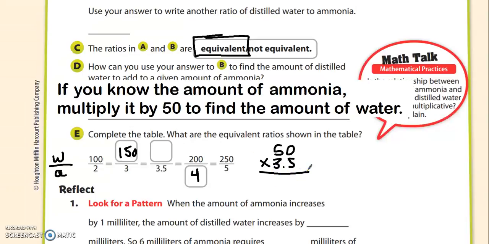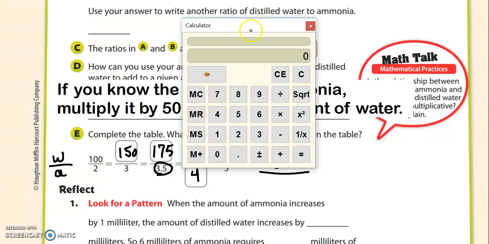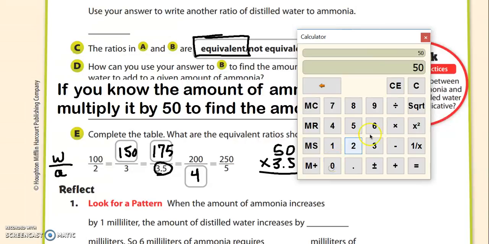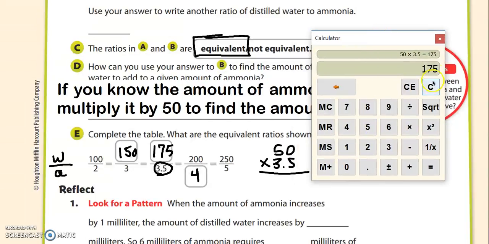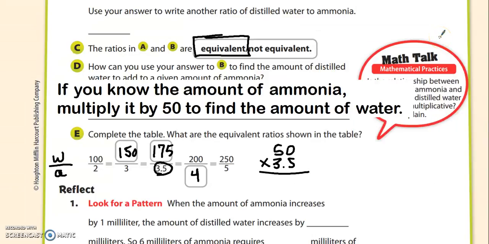But you could also notice that exactly halfway between 3 and 4 would be 3.5. Well, this bubble then has to be exactly halfway between 150 and 200. So that's going to be 175. Or like I said, you could just do 50 times 3.5, because if you know the amount of ammonia and you multiply by 50, you'll get the amount of water needed.